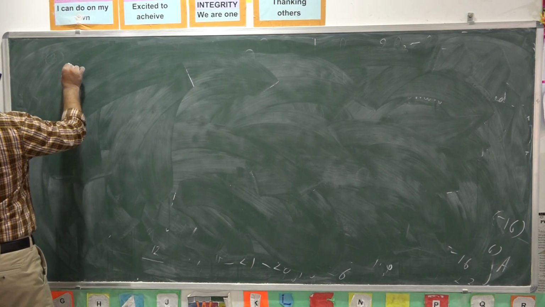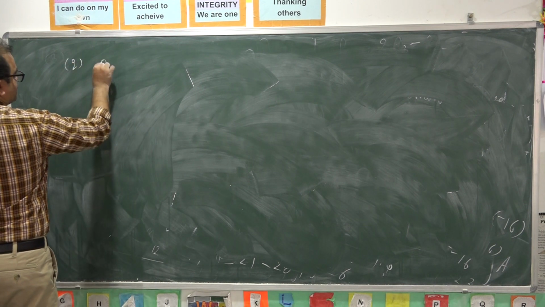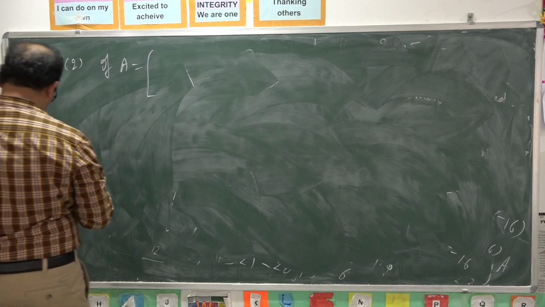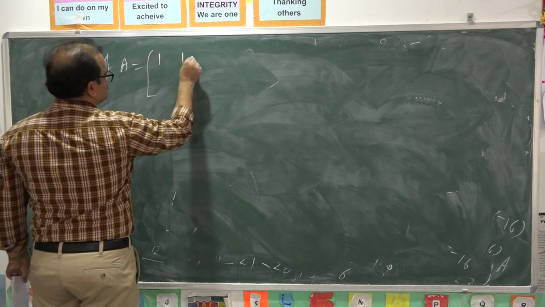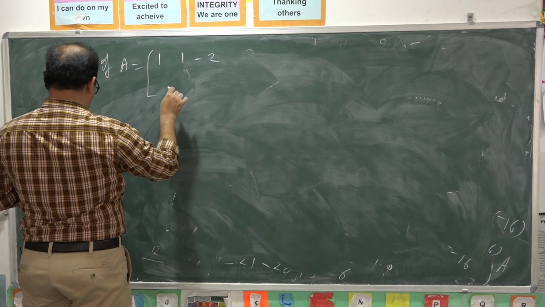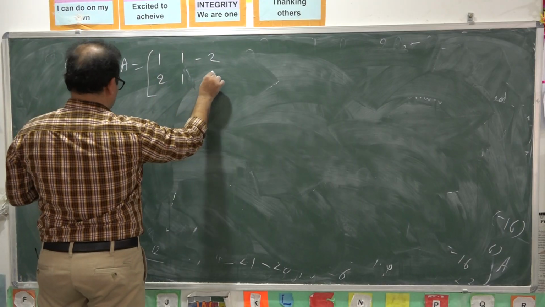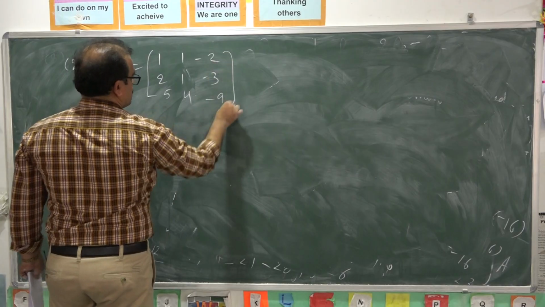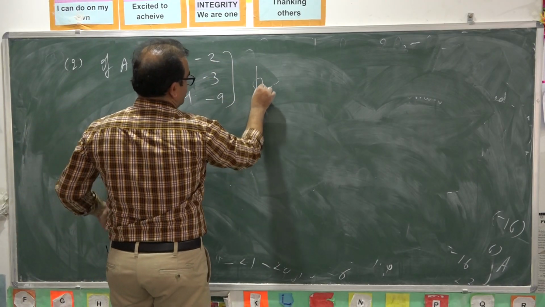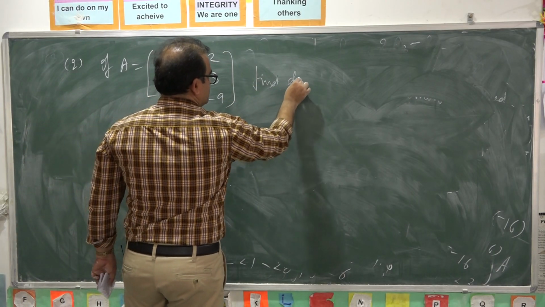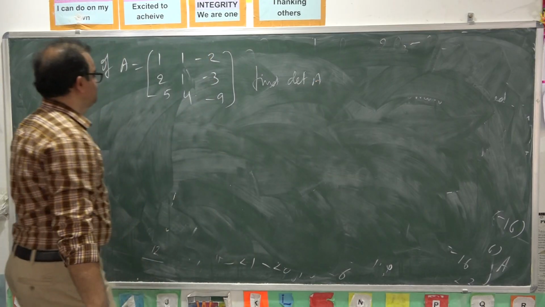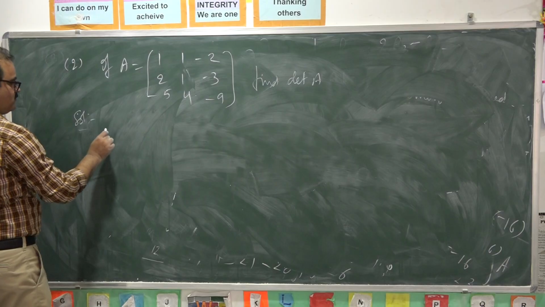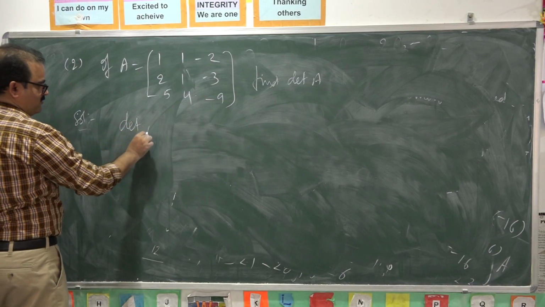Next, you see next example. If A is equal to, find det A. Now you find the determinant value directly.